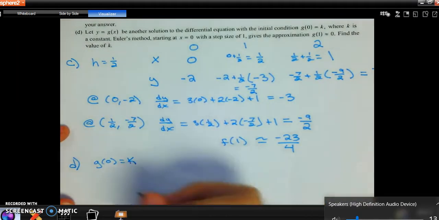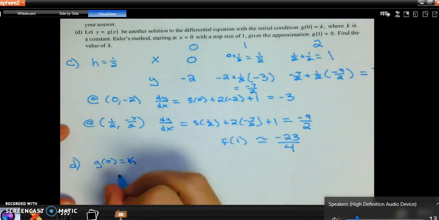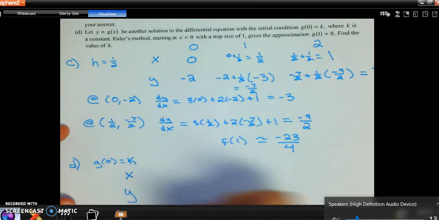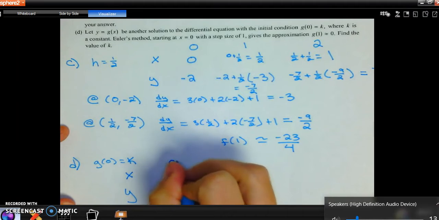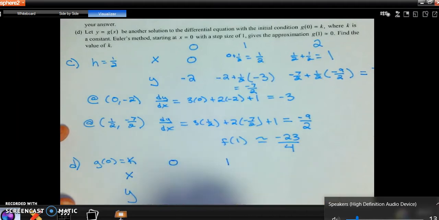So my method here is still going to be the same. I'm still going to have my x column and my y column. Only this time, I only need 1 step. So I'm going to have my initial condition and then just 1 step. My initial condition was at x equals 0. The output was k, so we've got that.